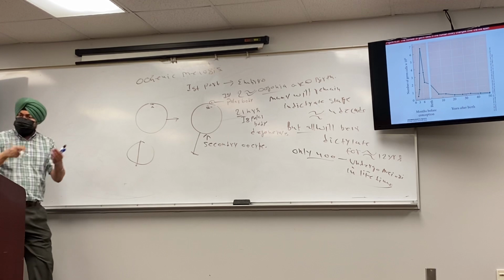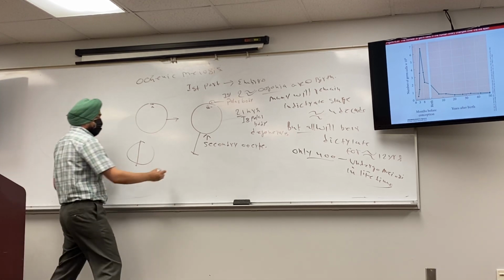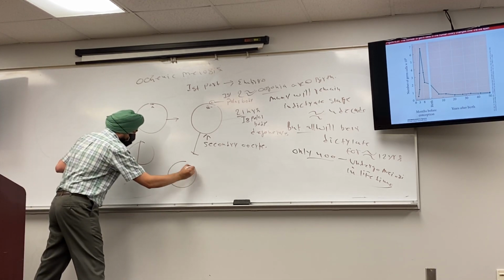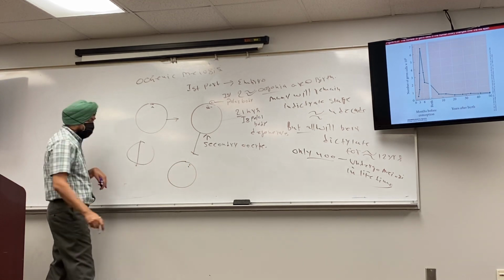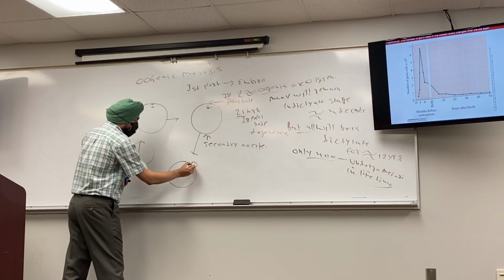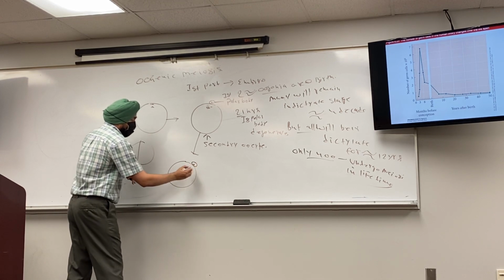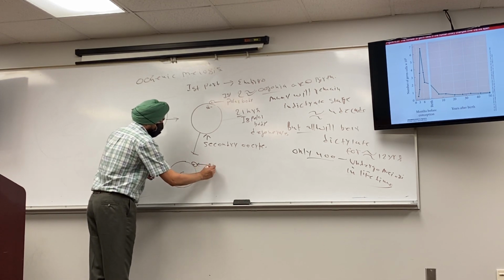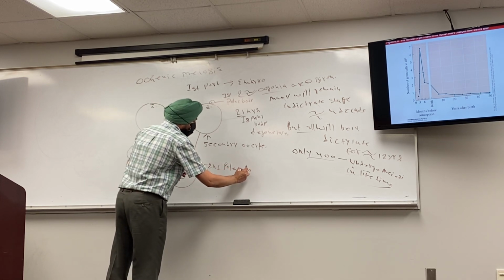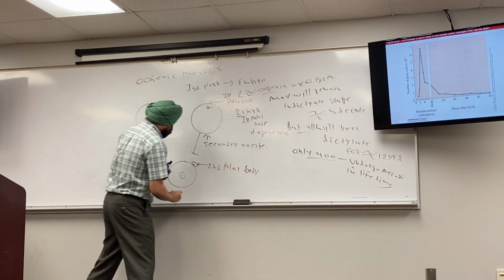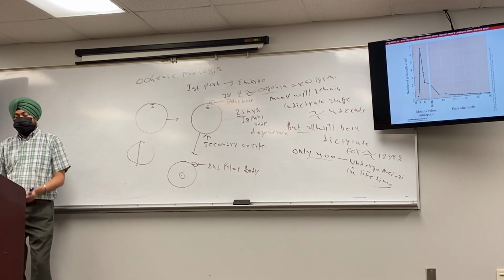Then the second division is going to take place, and again the same thing happens. The spindle formation will take place at the edges, and you will have another cell produced like this. This will be your second polar body, and this will also degenerate.